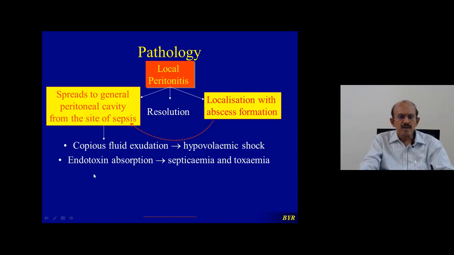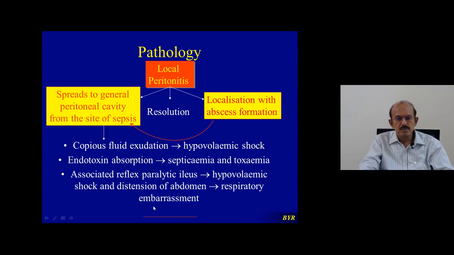The gram-negative bacteria produce a lot of endotoxins. These endotoxins are absorbed and they can produce septicemia and toxemia. Whenever there is peritonitis, there will be reflex paralytic ileus. This reflex paralytic ileus will cause sequestration of fluid in the gut. Again, that adds to third space loss. So the hypovolemia will be aggravated.